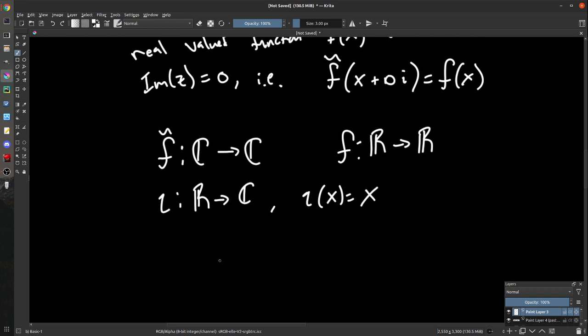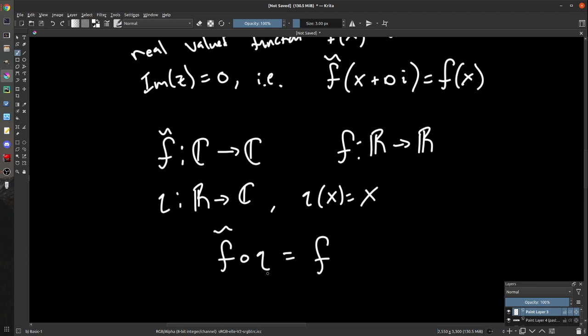We want things so that f tilde composed with iota is equal to f, right?